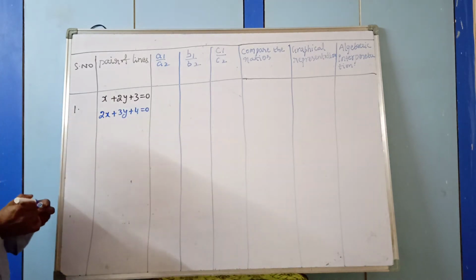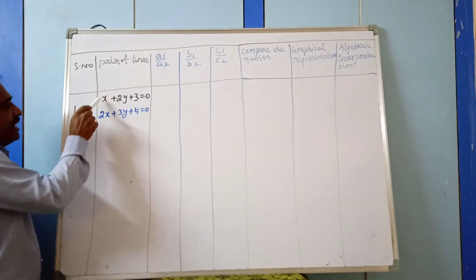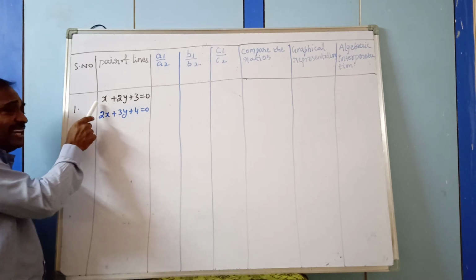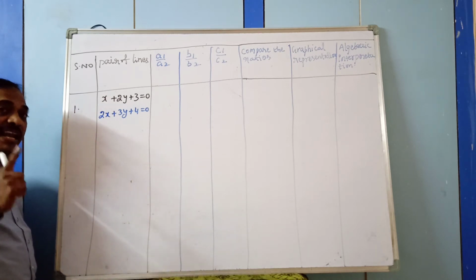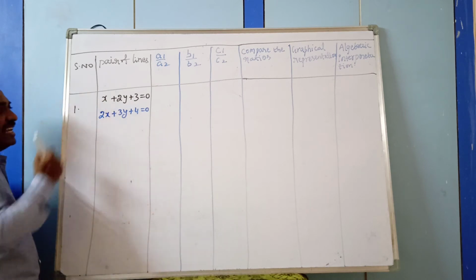Now what is A1 by A2? Observe it. What is the coefficient of x? If you don't have any number, it indicates that it is 1x. So the coefficient of x is 1.